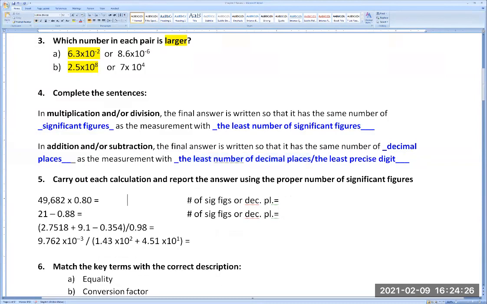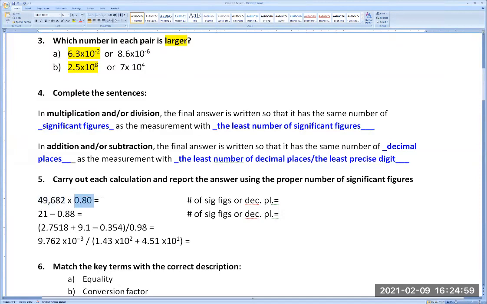So let's do question 5 then and practice these two rules. First, let's practice with the multiplication here: 49,682 times 0.80. This is a multiplication, so we need to pay attention to the number of significant figures. How many significant figures do we have in 49,682? We have 5 sig figs, right?